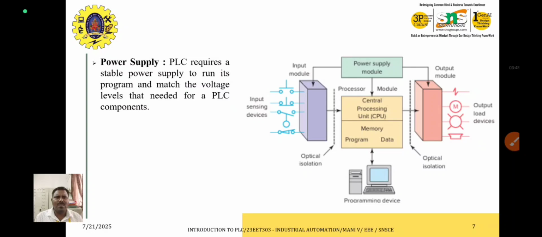This is because the input and output modules may involve cameras, sensors, valves, actuators or motors, which need higher voltages like 24 volt DC. But the CPU requires a very low DC voltage like 5 volt, which is used to execute the programs. So this is the power supply.